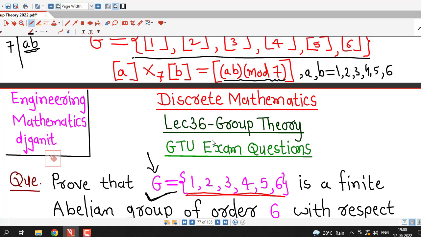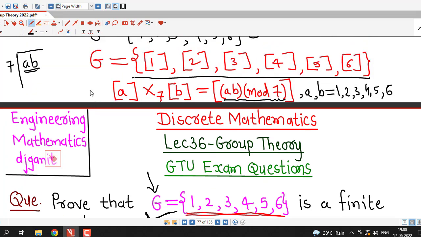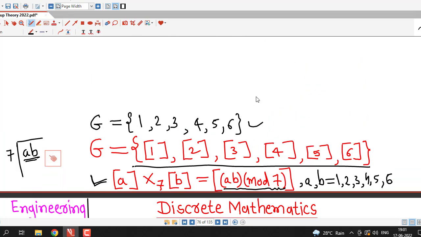And to prepare the composition table, we remember this definition of multiplication modulo. A multiplication modulo 7 B equals the remainder when A into B is divided by 7. For example, if I am interested in 3 multiplication modulo 7 4, then this is equal to 3 into 4, that is 12 modulo 7.